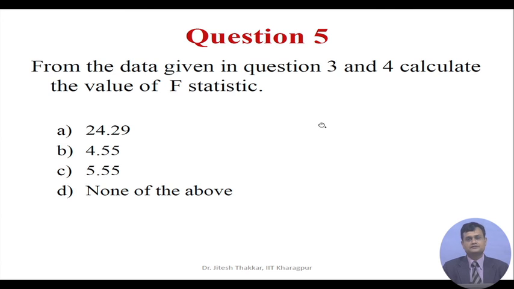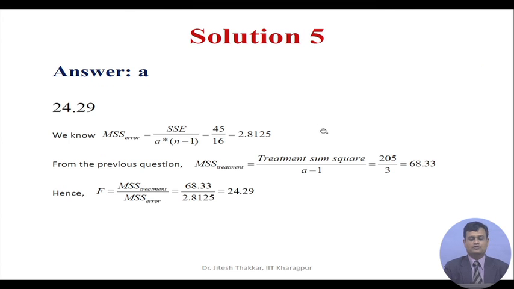Question 5. From the data given in questions 3 and 4, calculate the value of F statistic. 24.29, 4.55, 5.55, none of the above. The correct answer is A, 24.29. MSS error is basically SSE divided by a into n minus 1.